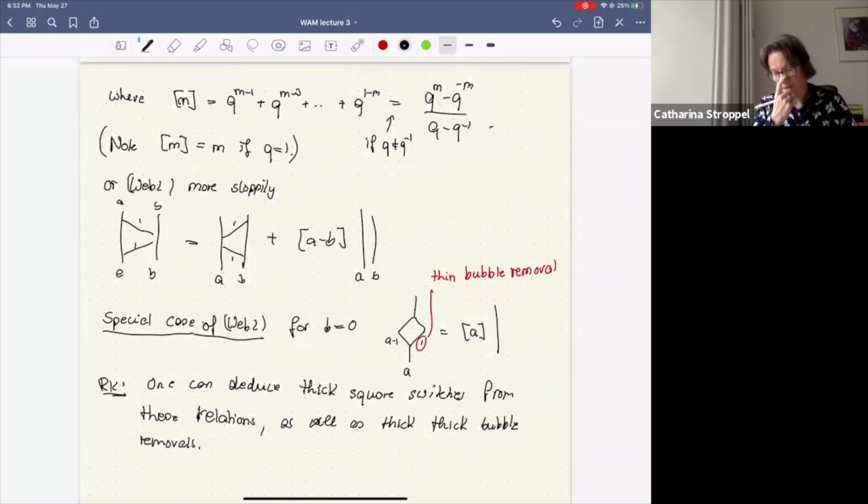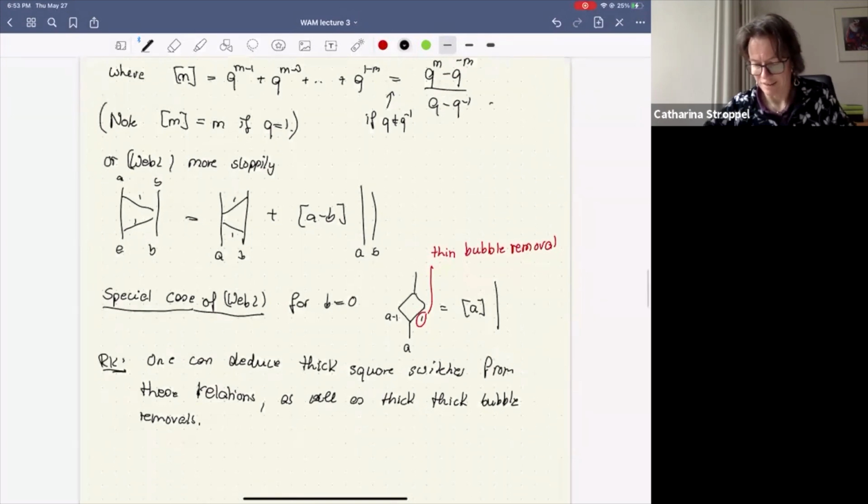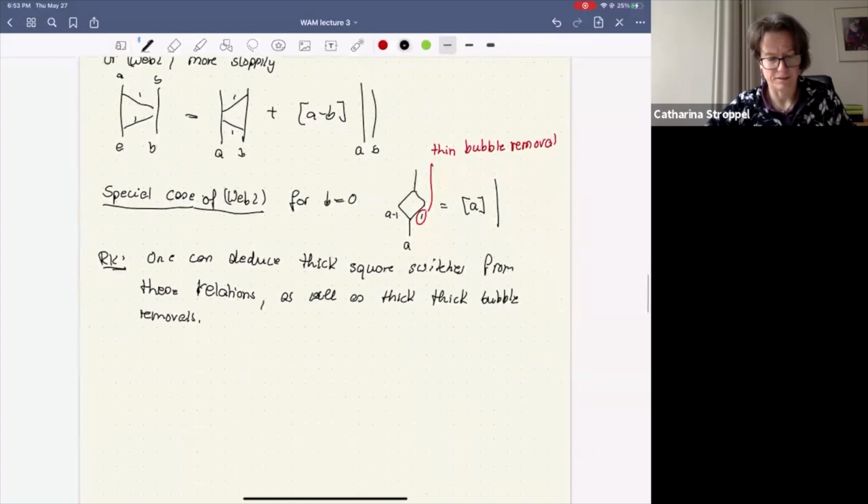And I might show you maybe later what the main idea is, how to get something like this. It's by a sort of bubble explosion procedure, which is pretty funny. But if I don't do it because of time reasons, you will see it in the exercise.